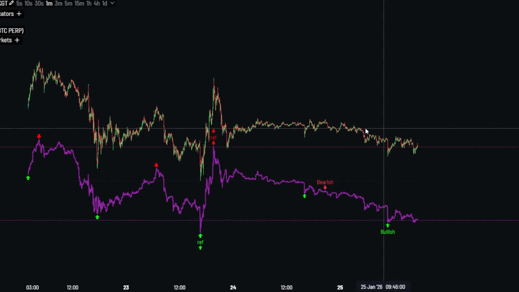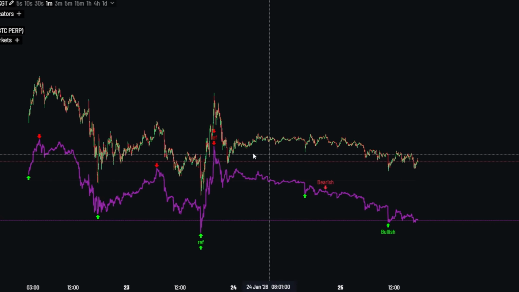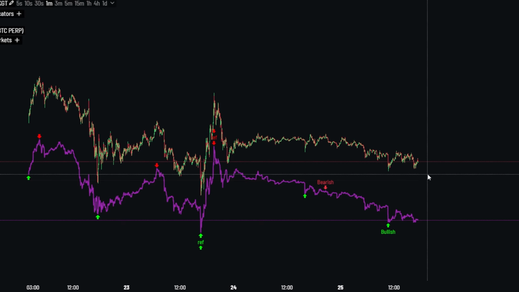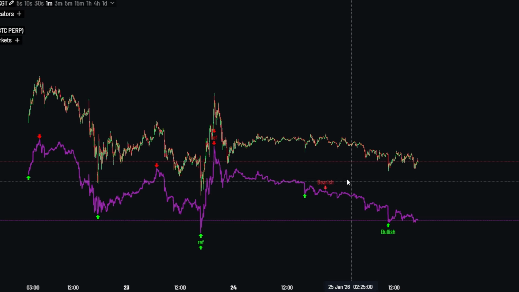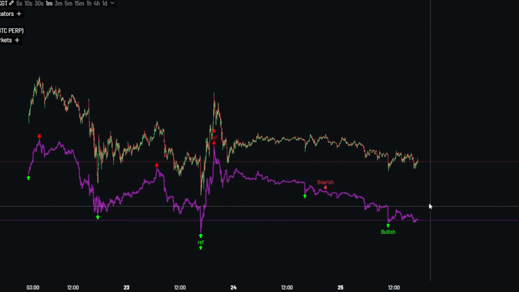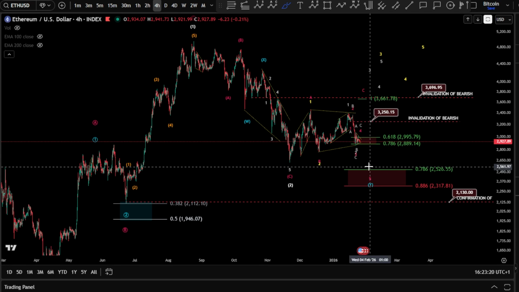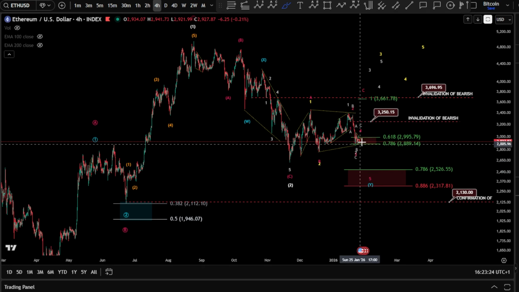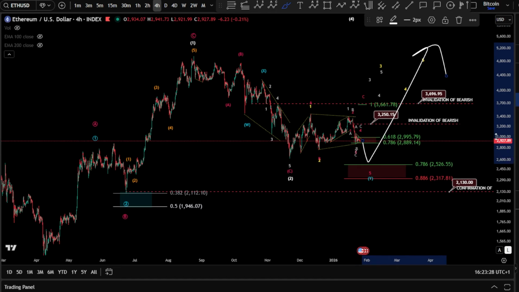We are still, of course, pushing lower and lower very slowly. But there are some supports somewhere here and it's starting to push towards higher prices, but still having pressure towards the downside at the same time. And it might, of course, fail and push even further downward. Because anyway, we might need this low maybe to test the 2,500 and take it from there towards a massive wave 3.